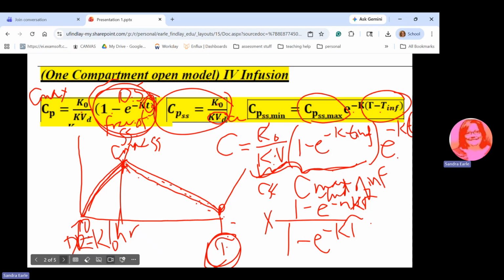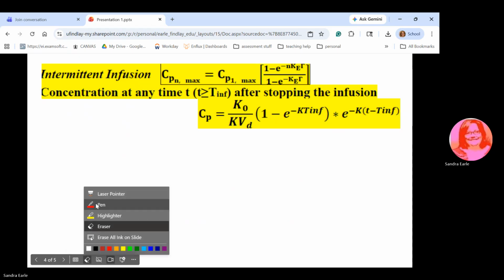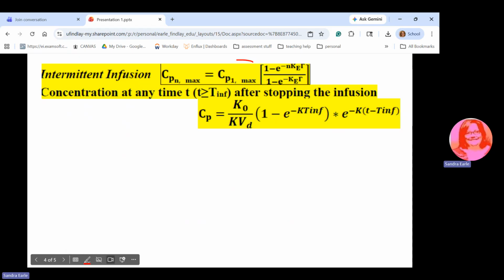All right, let's do the next bunch of equations here. So again, for an intermittent short infusion, if we look at Cmax here after the first dose, this is just Cmax at the nth dose, isn't it?